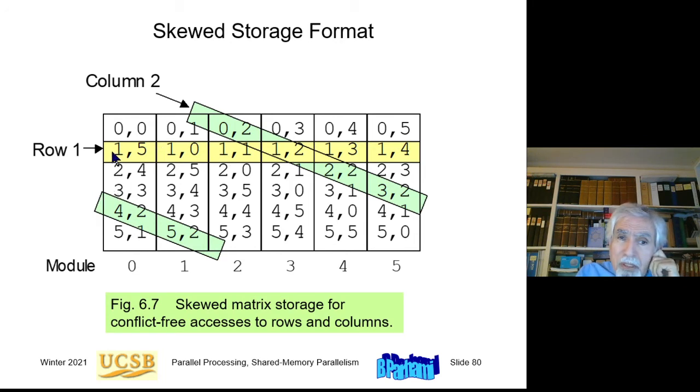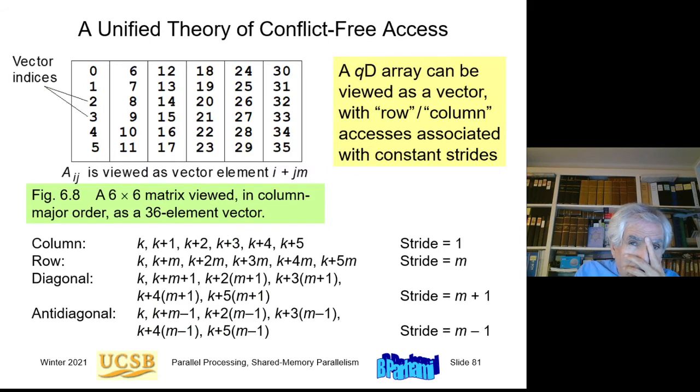Now, a row of the matrix becomes accessible as before, concurrently, but also a column of the matrix. So this is column 2 of the matrix, the elements highlighted in green form column 2 of the matrix, and they all happen to fall in different memory banks. Okay, in order to discuss methods for this, we generalize slightly.